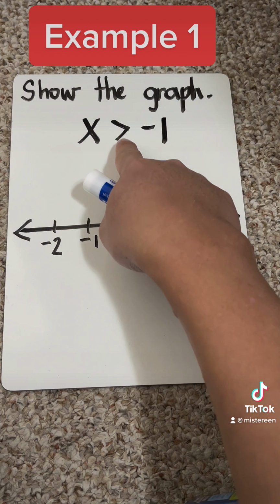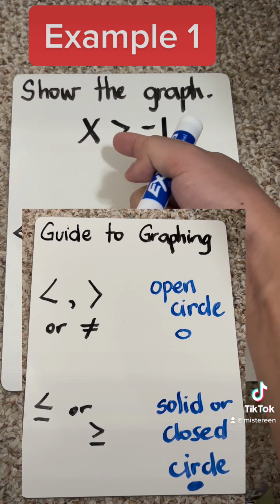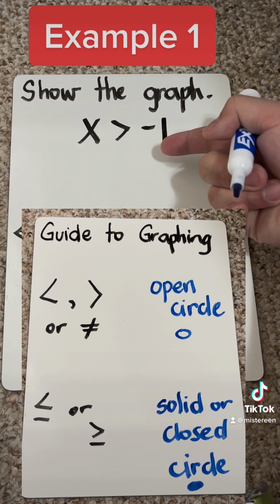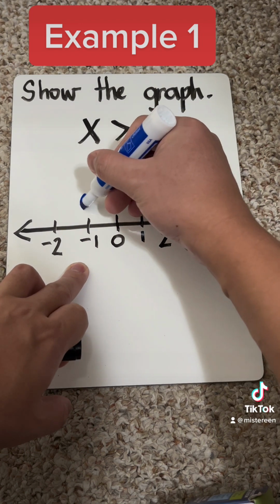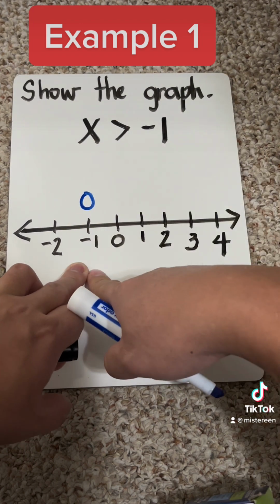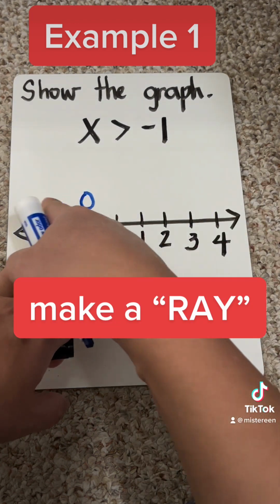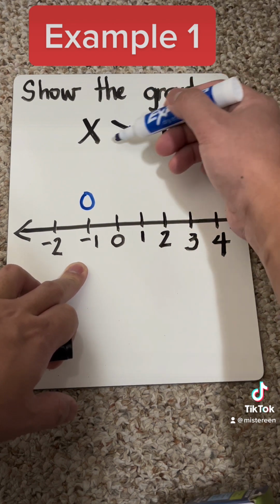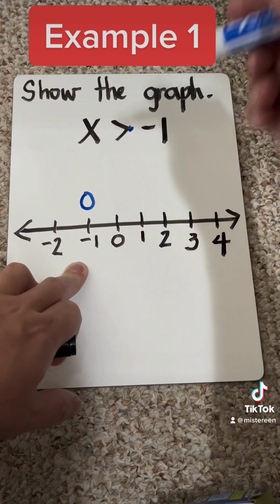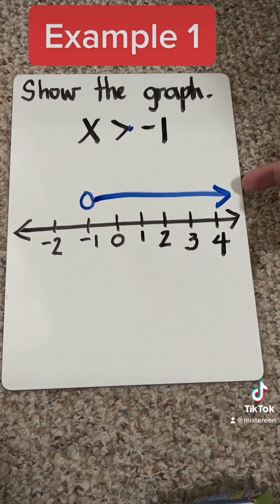A greater than symbol means open circle, so we go to -1 and put an open circle on top of it. Next, make a ray. You will know the direction, left or right, depending on the pointed part. In our inequality, the pointed part is to the right, so we make a ray to the right and end with an arrow. So that's the graph.